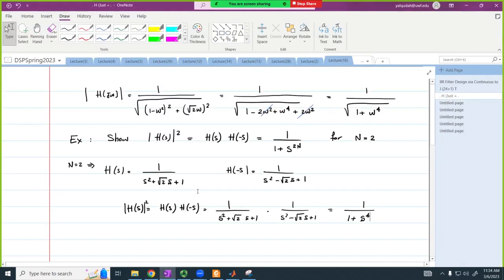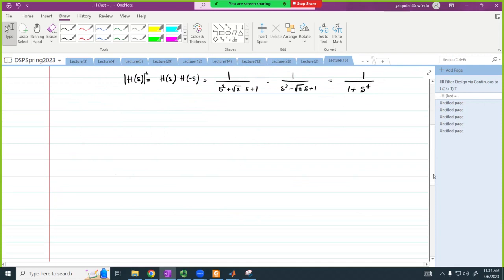Okay, so this is the Butterworth filter. Now, for our purpose, what we are interested in is being able to design a filter. So let's look at the design steps.